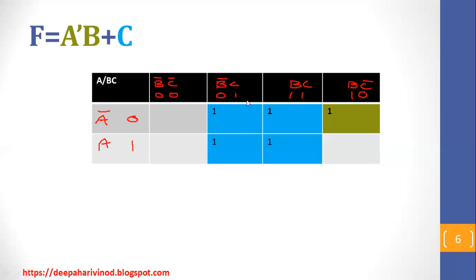So all four you have to fill with one. So in this way we can map the given function, or a minimized function also, into the K map. In some cases it is required for some design purpose.